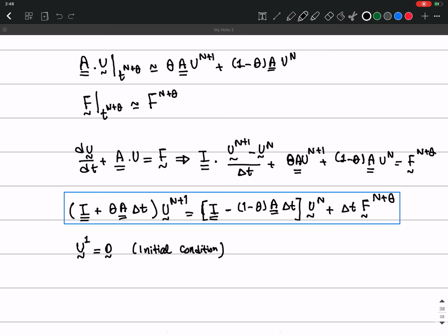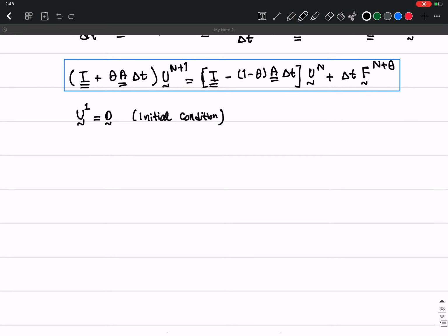So the choices that we have are as follows. Choices: theta equals 0, then no matrix solution is needed.